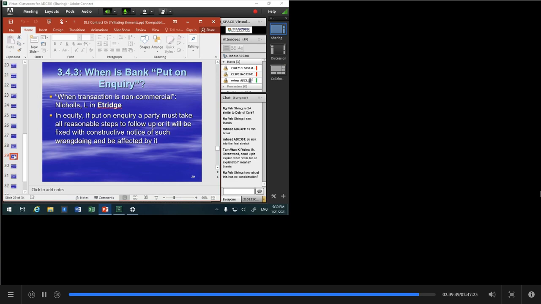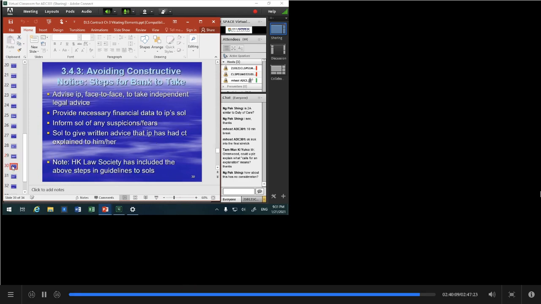Well, what we should do as a bank is advise the weaker party, the innocent party, IP, face-to-face to take independent legal advice. You should also, as the bank, provide the necessary financial information to the weaker party's solicitor, and inform them if there are any suspicions or fears about the transaction they're entering into.